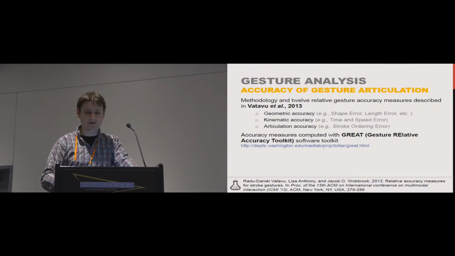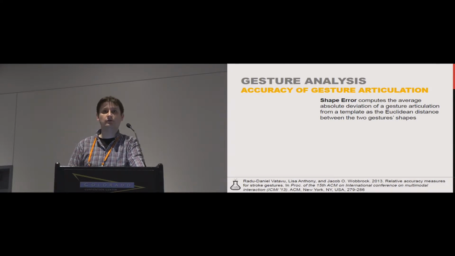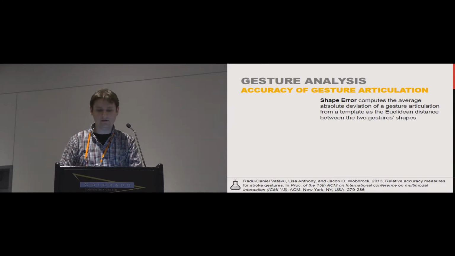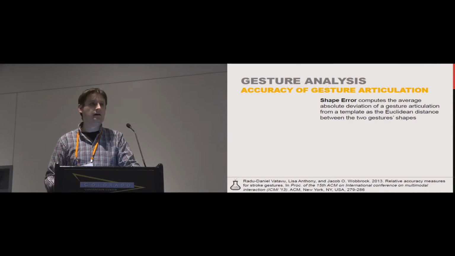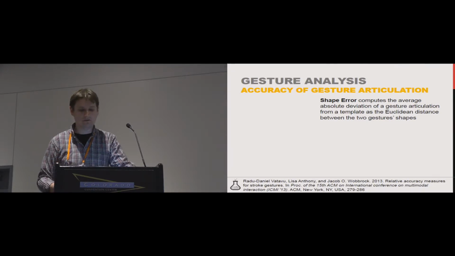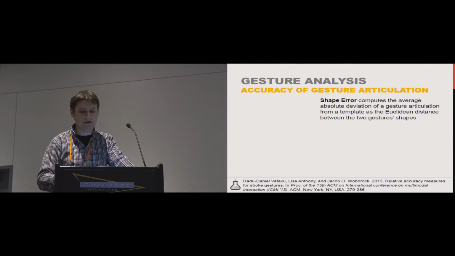Okay, so there is a lot of discussion about these measures in the paper. I'm just going to focus on two of these measures, which I find the most important for the modifications that I'm going to discuss a bit later. So one of them is shape error, which quantifies how much a candidate gesture differs in terms of the Euclidean distance from a template, from a training set, or from an ideal shape of that gesture type.